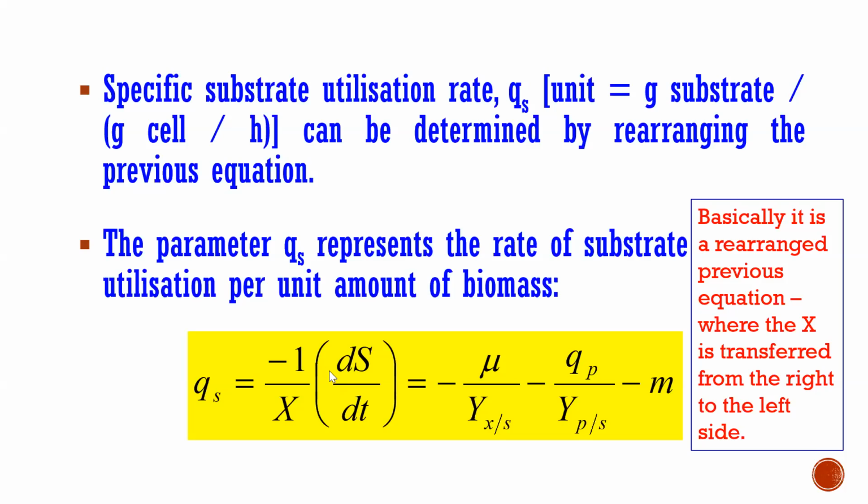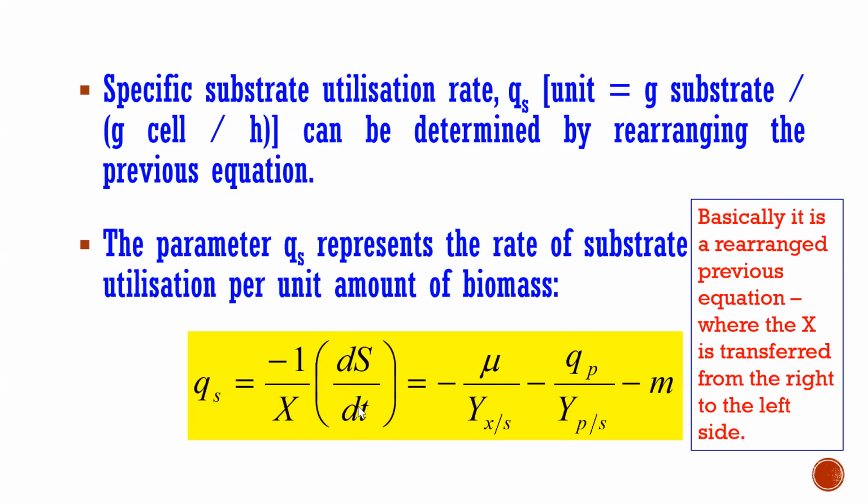Okay, so what is rate of substrate utilization? The rate of substrate utilization, in simple terms, you can draw dS over dt. So dS over dt is proportional with cell concentration.